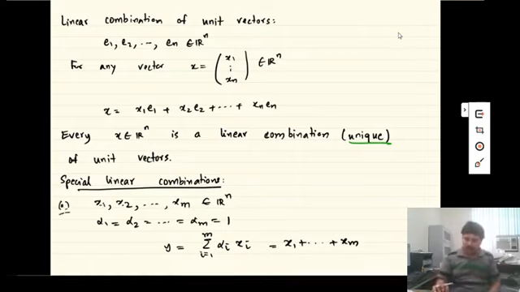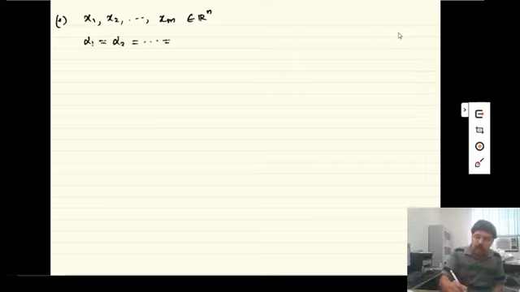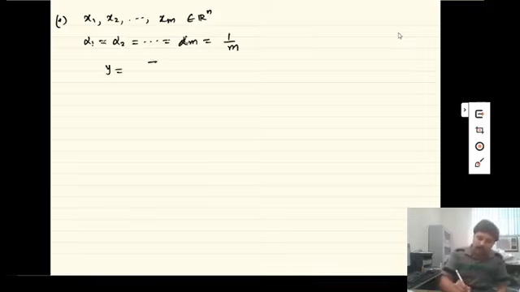This is something interesting. In the same example, suppose I have x1, x2 up to xm belonging to Rn, and I take all the alpha i equal to 1 by m. Then what is this y, which is nothing but the sum of alpha i xi, i going from 1 to m?